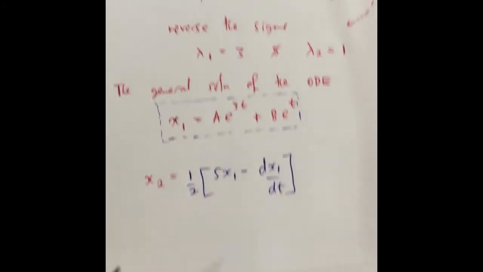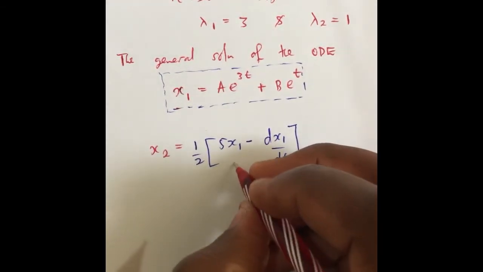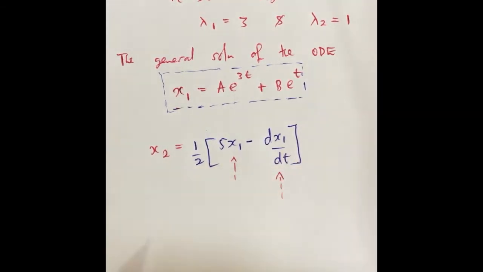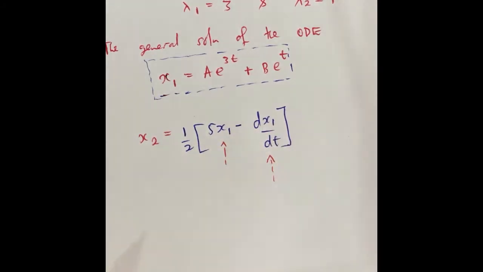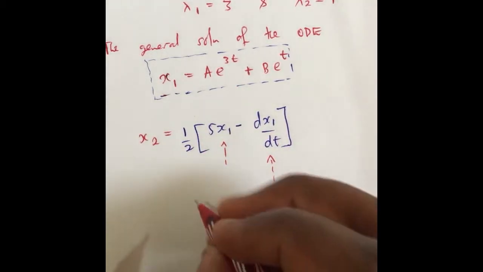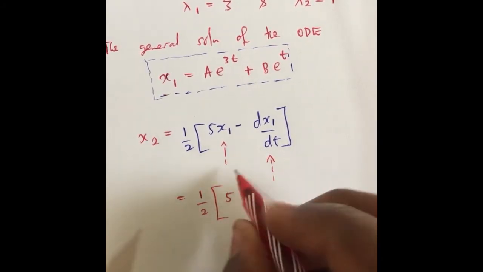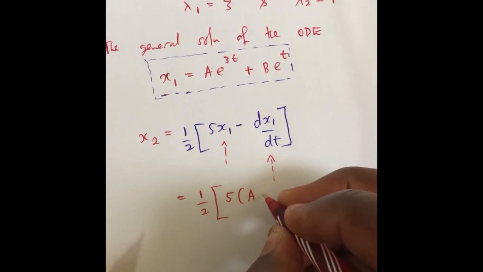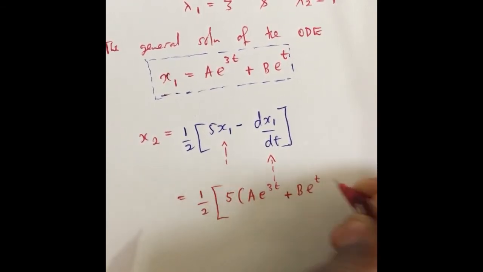Because you now know what x1 is, you can also find its differential. So you take a half of 5 times x1, which is a e to the 3t plus b e to the t.